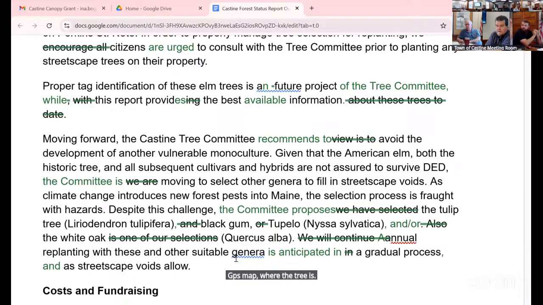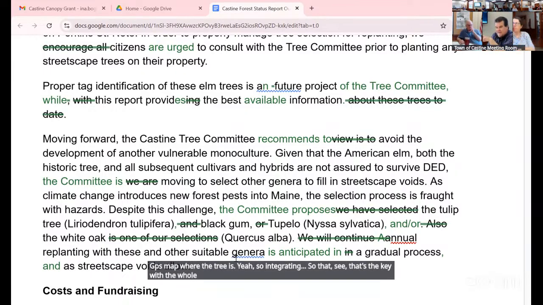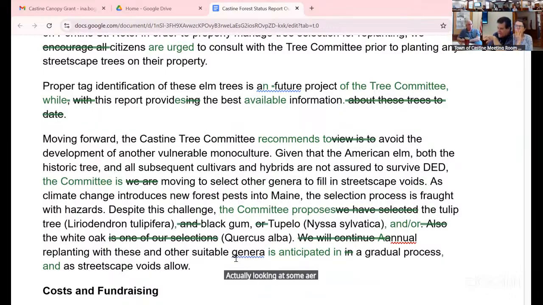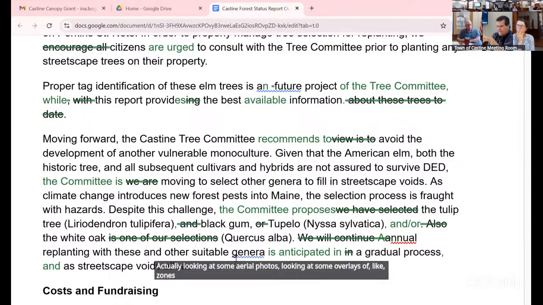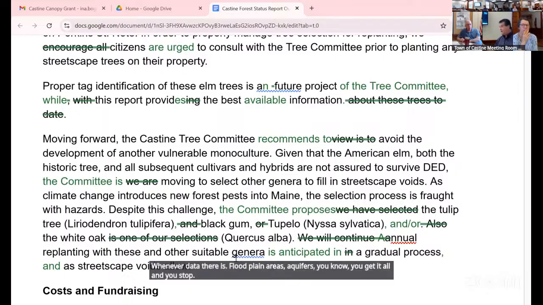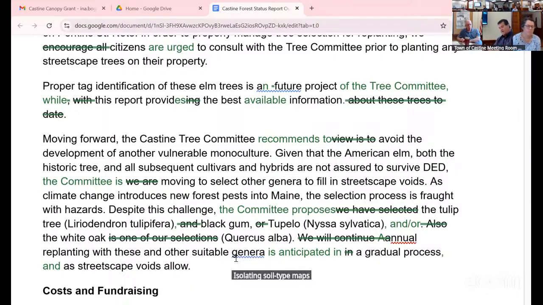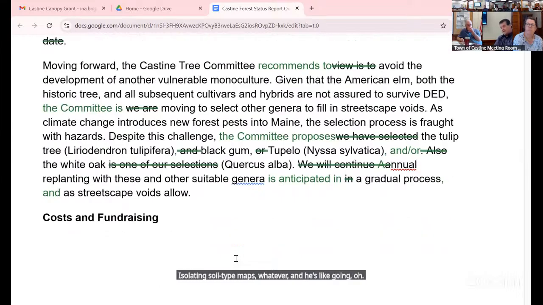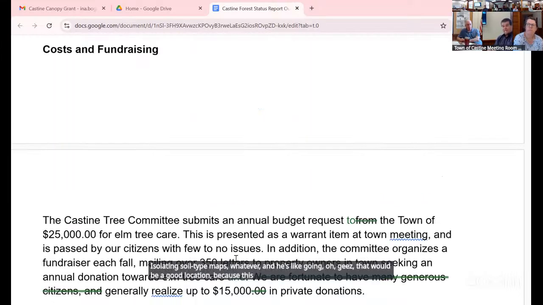Yeah, and integrating, that's the key with the whole thing with the GIS, being able to do that. Actually looking at some aerial photos, looking at some overlays of zones or whatever other data there is, floodplain areas, aquifers, you start isolating soil type maps, whatever, and you start going, oh, that would be a good location because this tree would thrive in that type of soil.